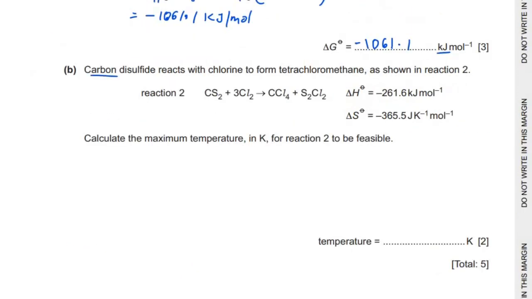Carbon disulfide reacts with chlorine to form tetrachloromethane as shown in reaction 2. So here is reaction 2 where carbon disulfide is reacting with chlorine to form tetrachloromethane and the other product which is given here, S2Cl2. Calculate the maximum temperature in Kelvin for reaction 2 to be feasible. Now if you want to calculate the temperature at which the reaction becomes just feasible, right?